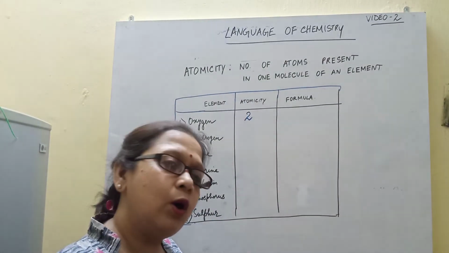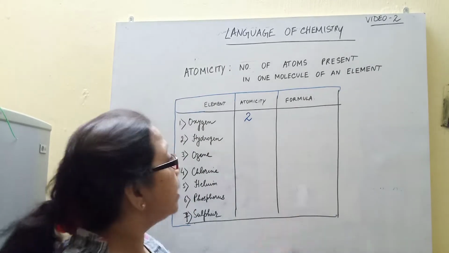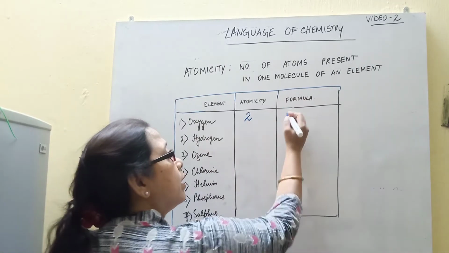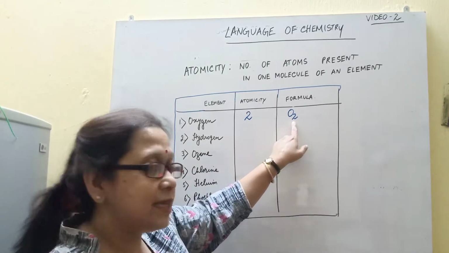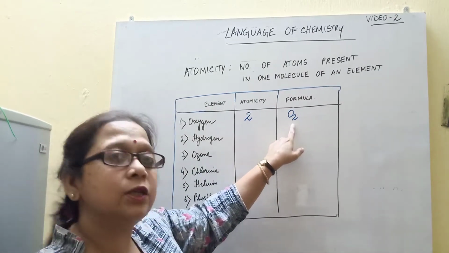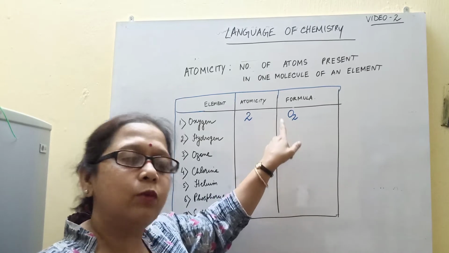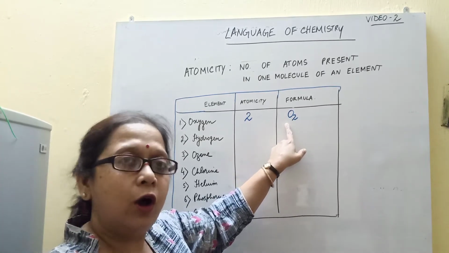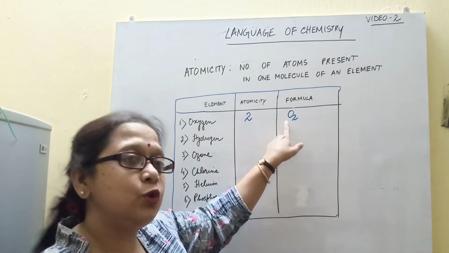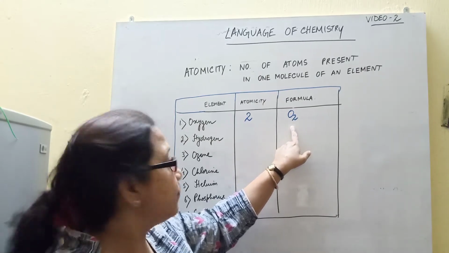That means what to write in its formula? We have to write O2. That means two atoms of oxygen combine to form one molecule of oxygen. So O2 represents one molecule of oxygen which has two atoms of oxygen.